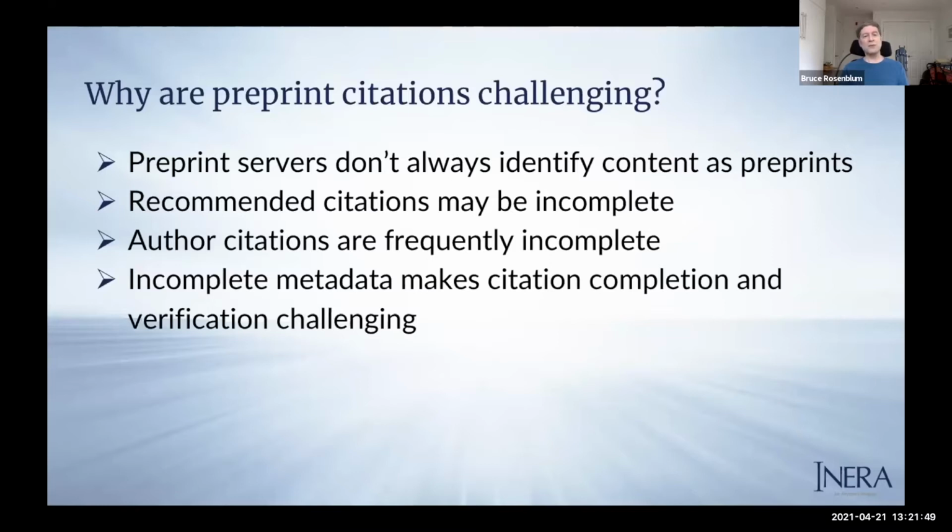And so when authors go and cite preprints, either the recommended citation is incomplete, or if they download data to a citation manager, it doesn't know how to handle preprints properly. And so the new citations that appear in new preprints are often incomplete. And finally, incomplete metadata makes citation completion and verification challenging.